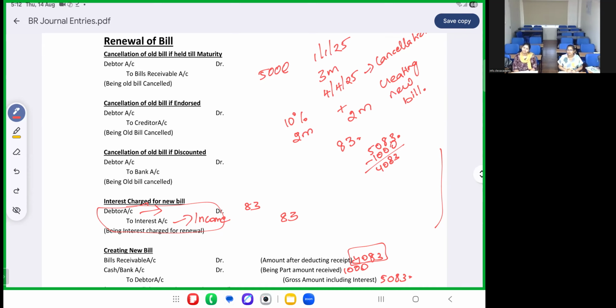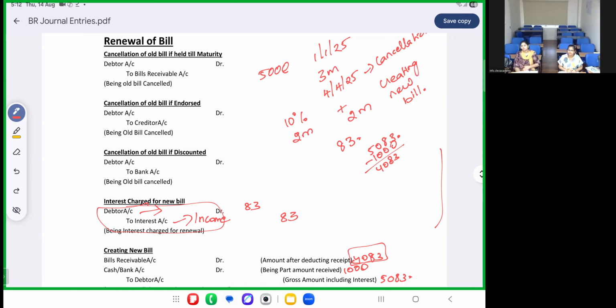So Sarita is coming: Ramya, please give me 2 months extra. Extend the bill. What Ramya is saying, I cannot extend the bill, but I'll cancel the old bill. I'll make a fresh bill for 2 months.